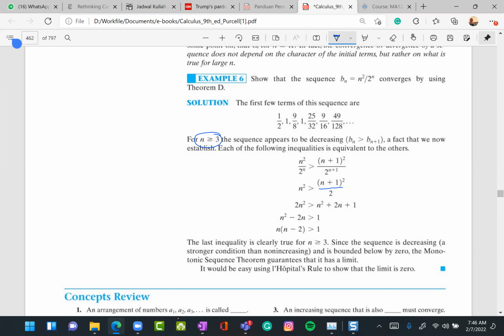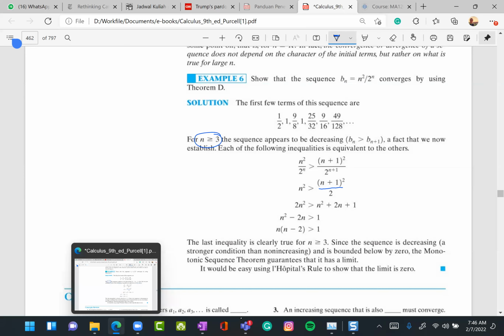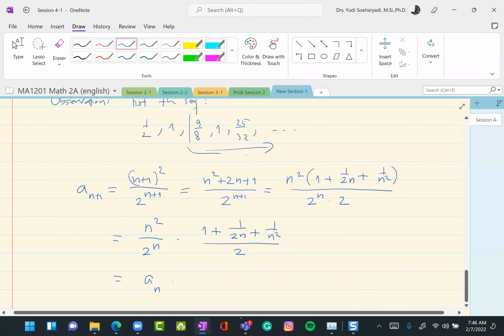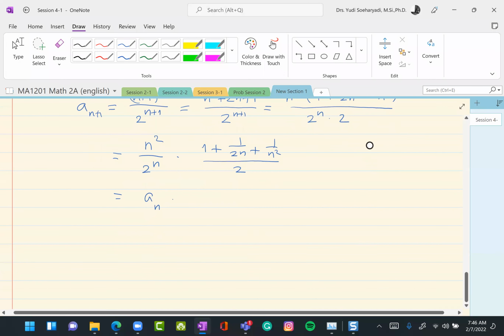This one, I should give a note to this one. But otherwise, you can do this one. So let me just do this later. So let's think this way.